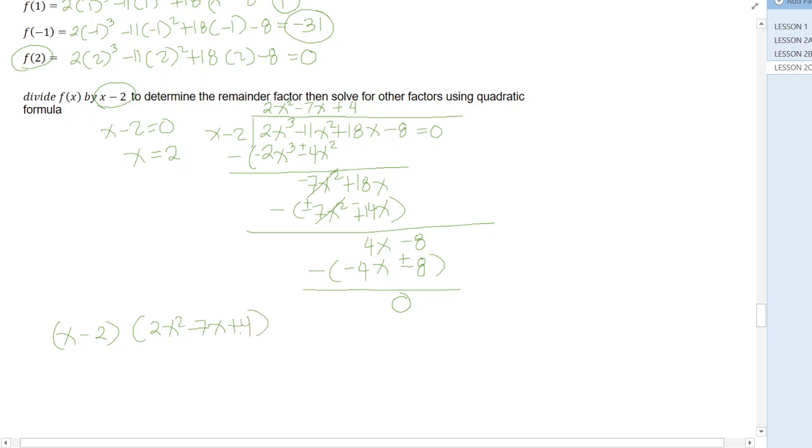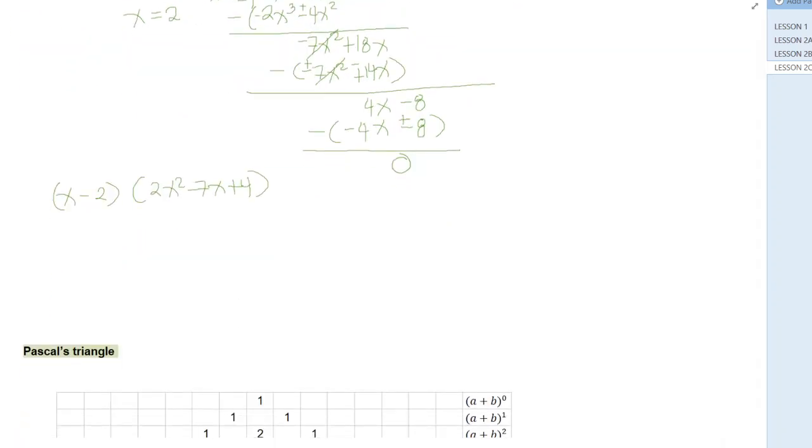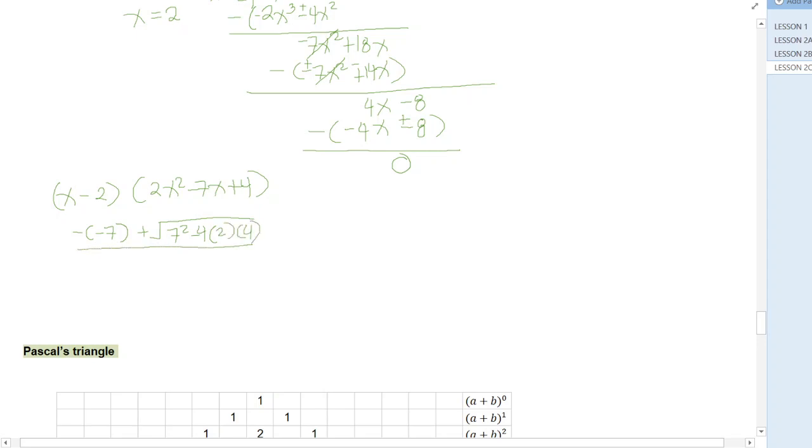Okay, to be able to get the factors of 2x squared minus 7x plus 4, let us just use the quadratic equation: negative b, that is negative times negative 7, plus the square root of b squared, that is 7 squared, minus 4ac, that is 2 times 4, divided by 2 multiplied by 2.